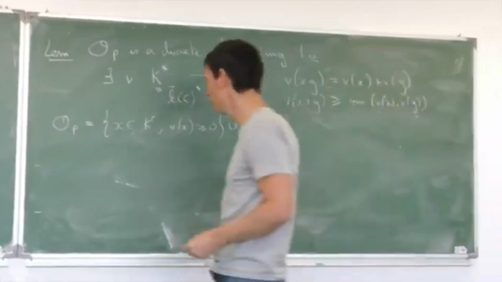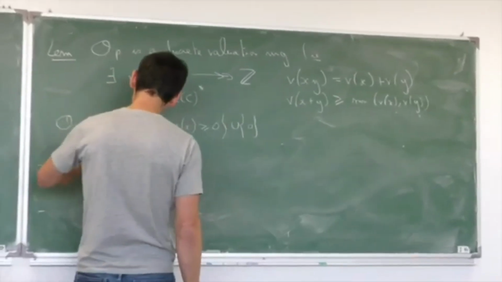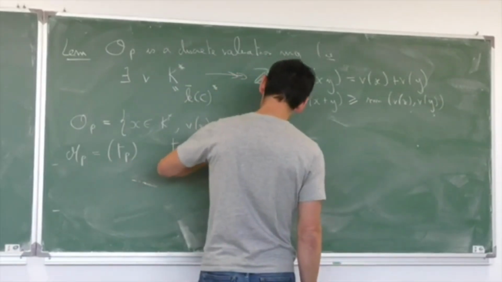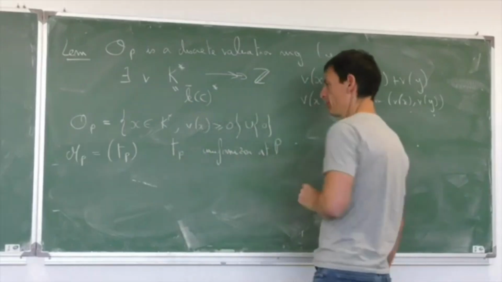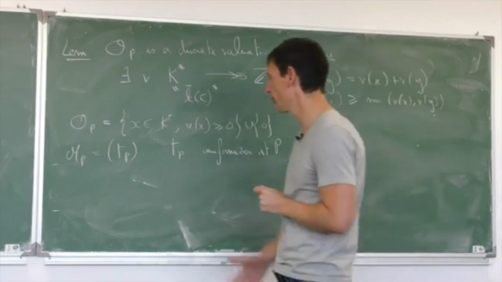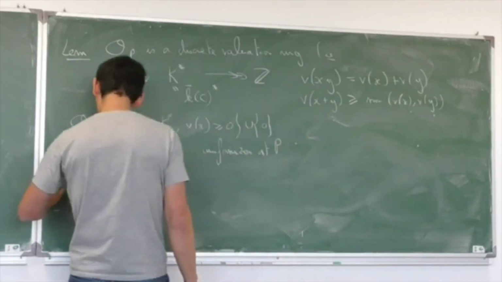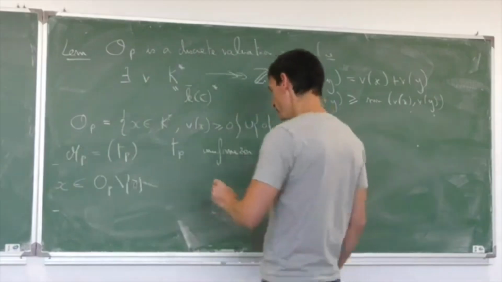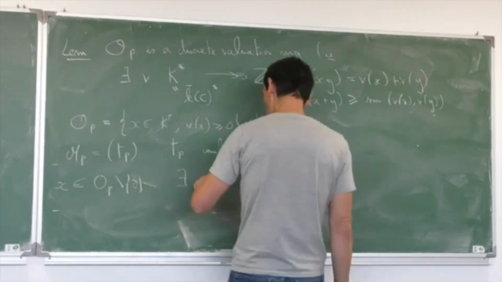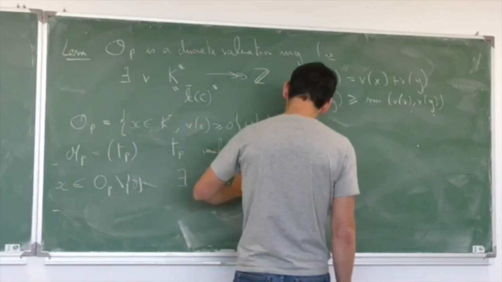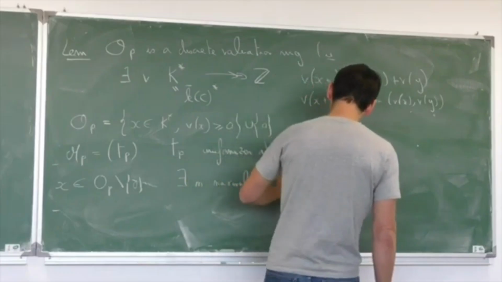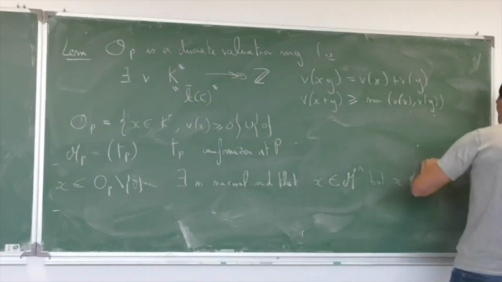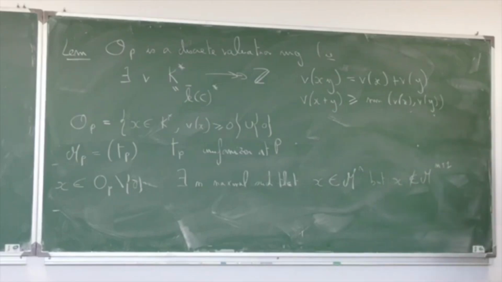So first, what we have proved is that M_P is generated by one element that I'm going to call t_P. And t_P will be a uniformizer at P. And now, because the intersection of all the powers of M_P is trivial, if I take an element x inside O_P which is not 0, there exists n maximal such that x belongs to M^n, but x doesn't belong to M^(n+1).